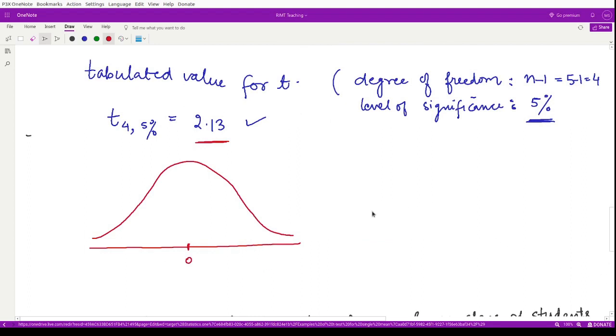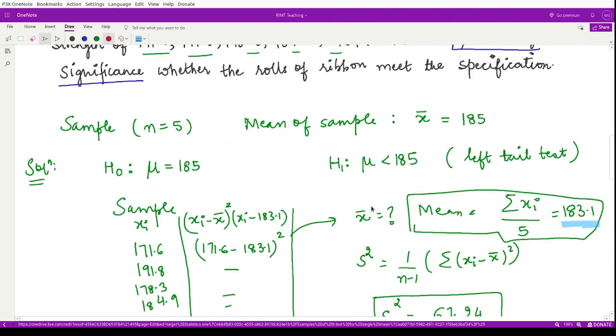Because our test is a one tail test. How can you make that out? This is from the alternative hypothesis, because your mu is less than 185. So that means we are talking about the left portion of the test.